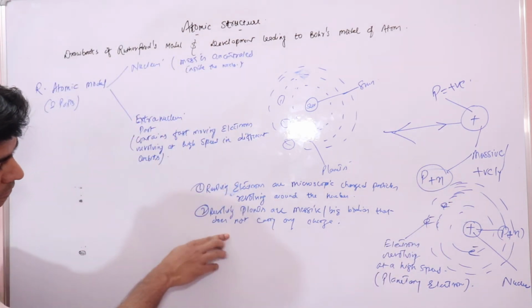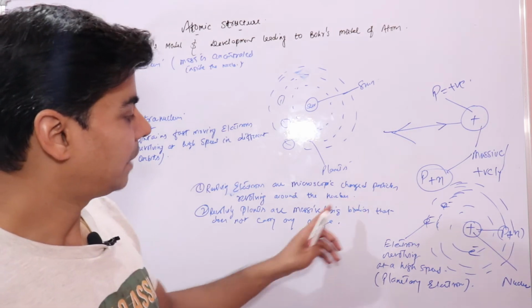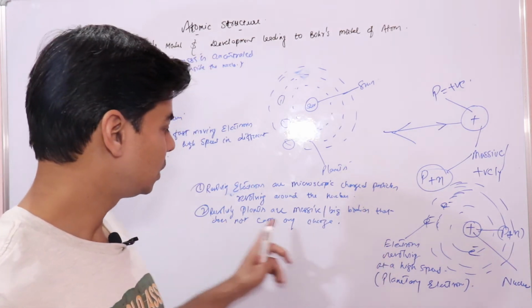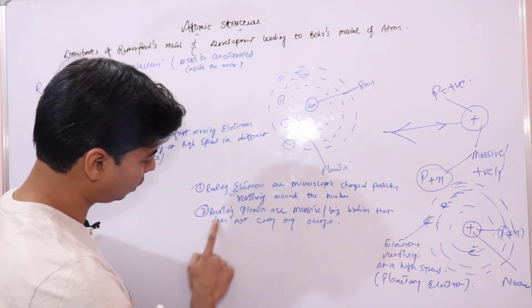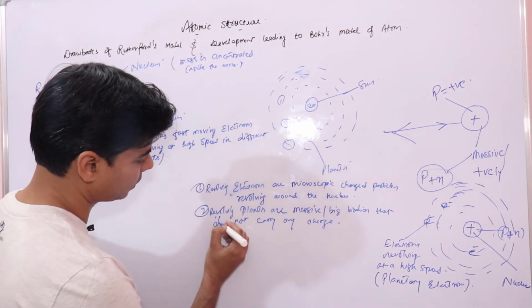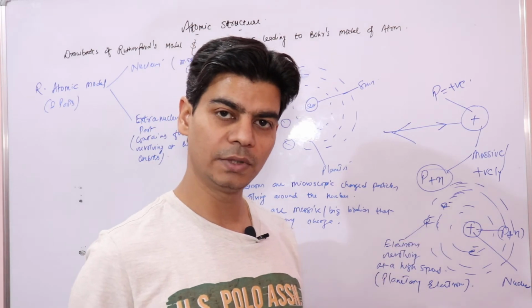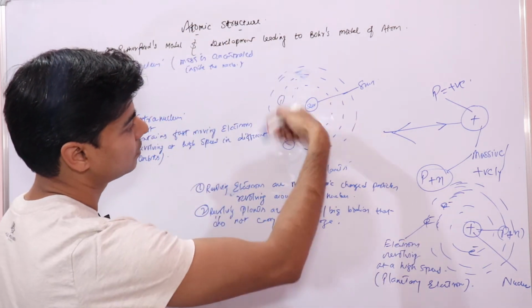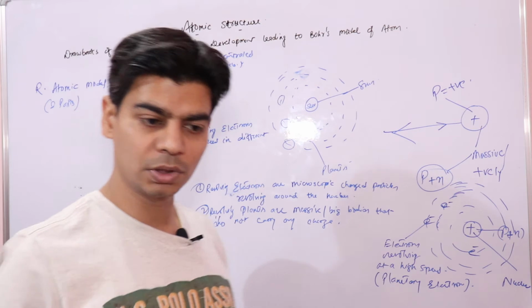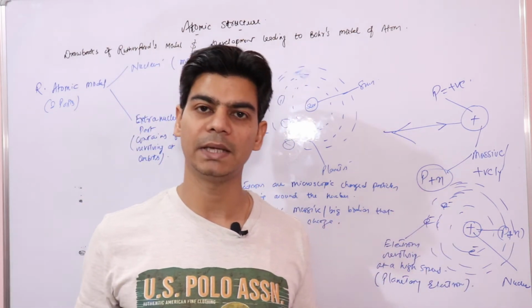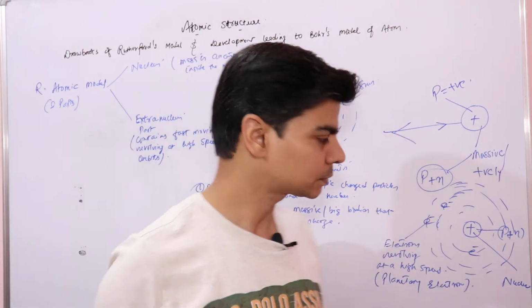And second, revolving planets are massive, big bodies that do not carry any charge, right? Electrons are negatively charged and are revolving around the nucleus. These planetary bodies do not carry any charge. They are neutral, right?